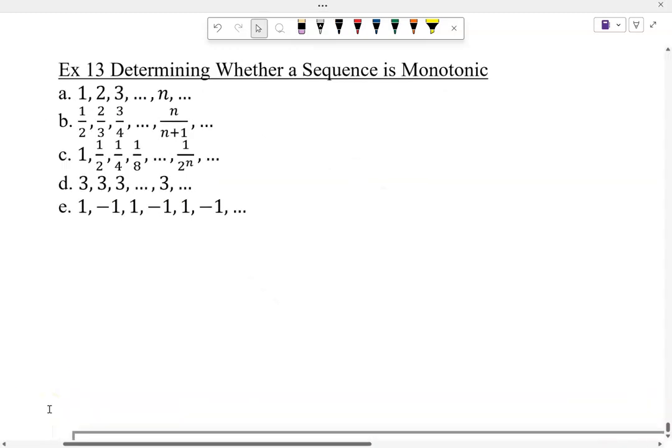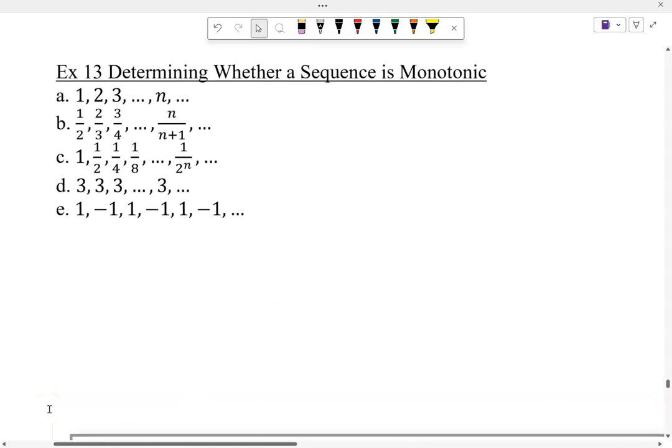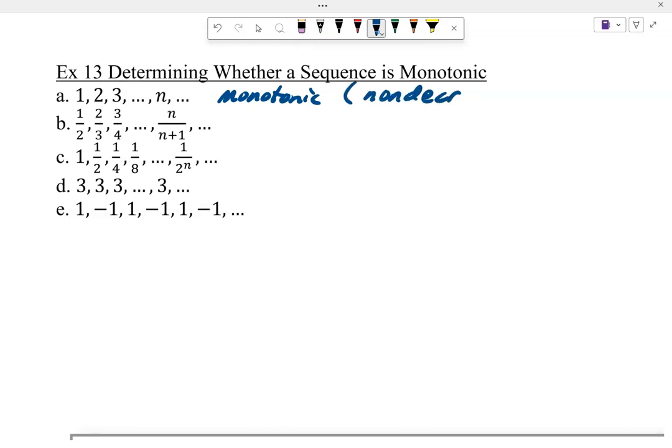Well, let's determine if these are monotonic or not. 1, 2, 3. Can you see how that just keeps getting bigger, bigger, bigger? So we say, sure, that's monotonic. It's increasing, or we'll use the proper term, it's non-decreasing. Second one, 1/2, 2/3, so 0.5, 0.6, 0.75, right?